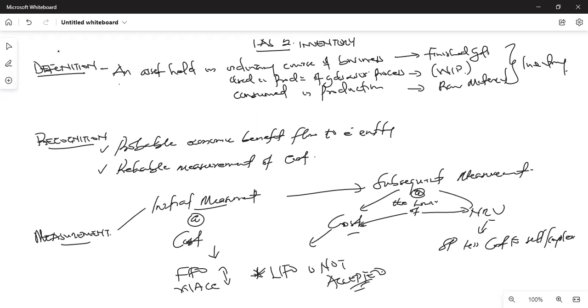We now need to go on and look at another standard. Which standard can we look at? Let's try and deal with IAS 8.